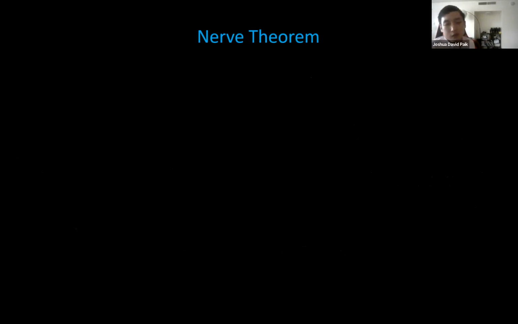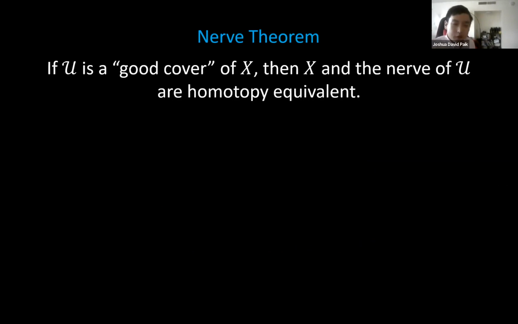I think a lot of us have seen the nerve theorem before, but if you haven't, I'll just state it. The nerve theorem goes like this: if we have a good cover U of a space, maybe a compact space X, then X and the nerve of U are homotopy equivalent. What do I mean by homotopy equivalent? Essentially, they have the same topological properties.